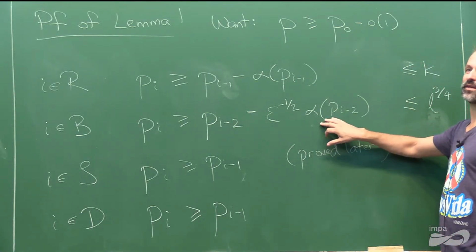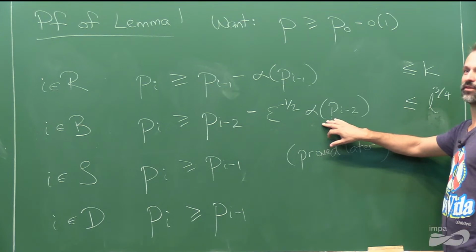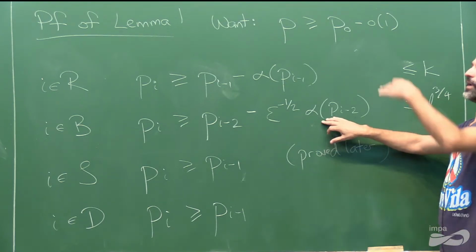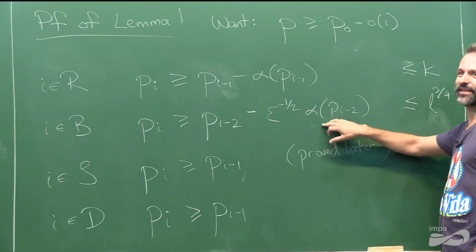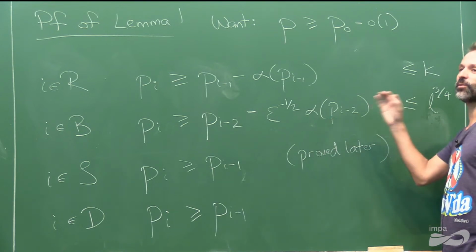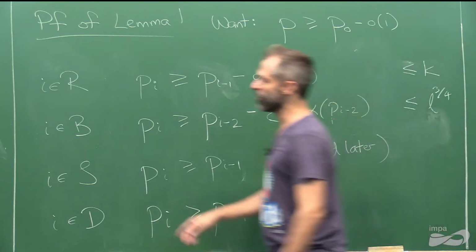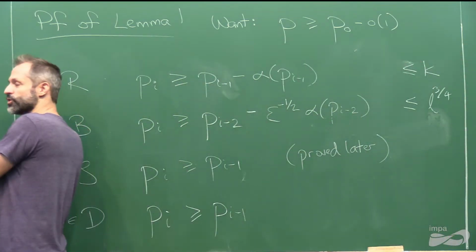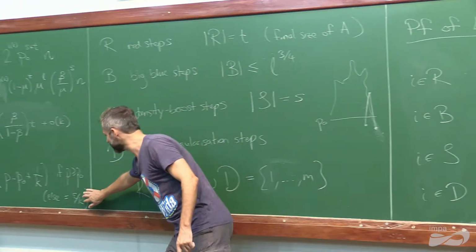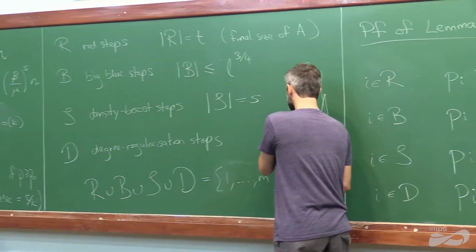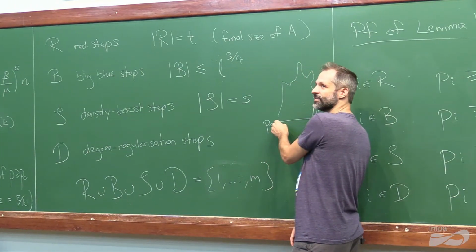It's never smaller than that. Sorry. In the range you care about, it's like 1 over k. So a single blue step can never hurt you very much. You just never go down very much. Like when you're below p0, the point is we chose this thing to be small enough so that basically nothing happens at this point. Right?